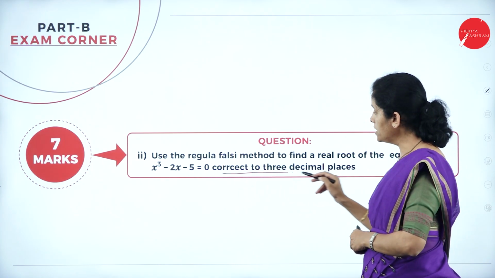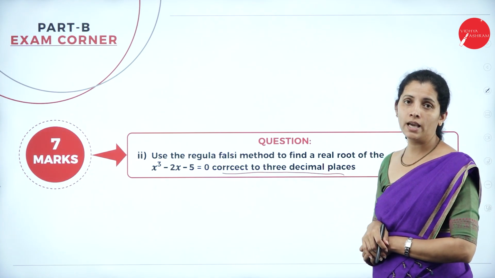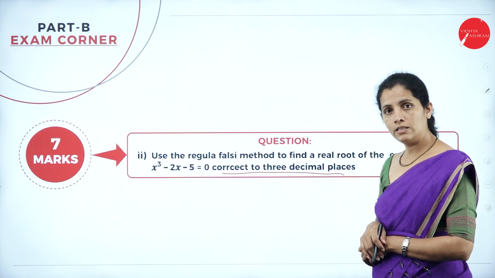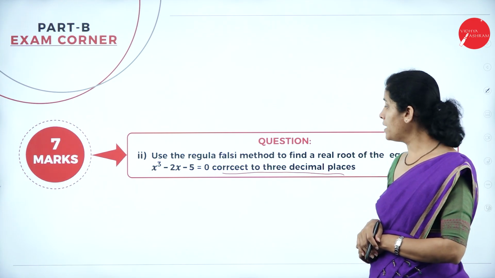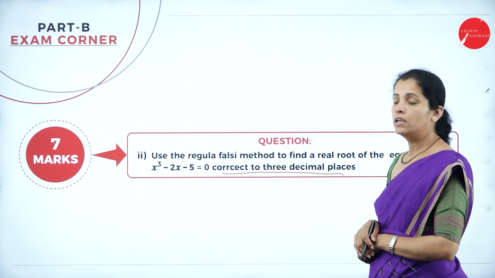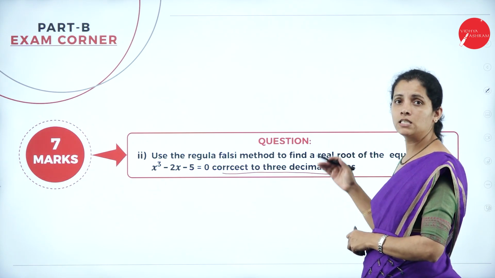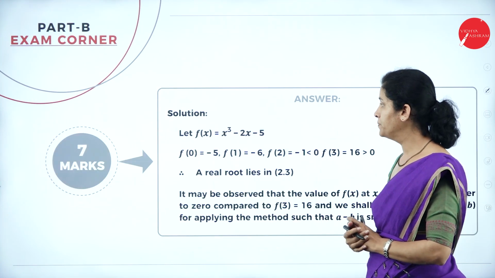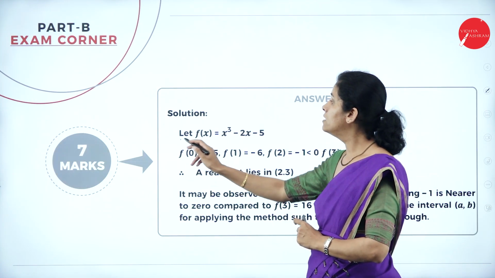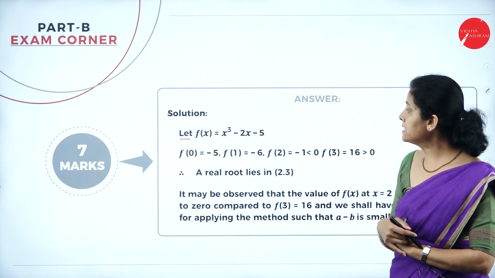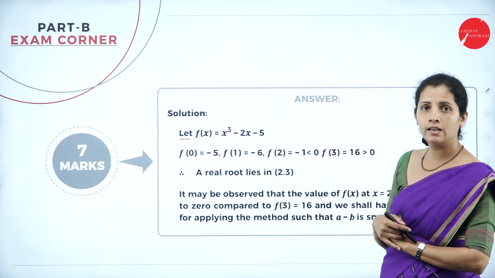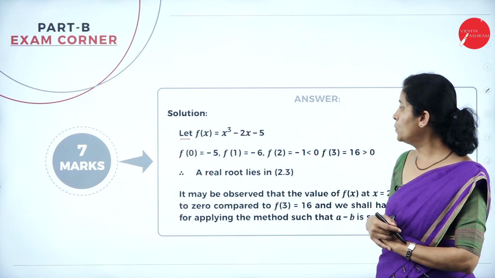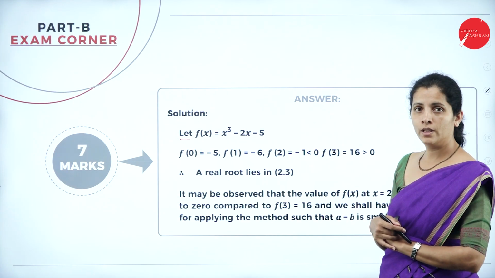In the question, they mentioned when to stop the iteration. If I am having the same values in 3 decimal places in both iterations, then I can stop the iteration. Here, what is f of x? That is the function x³ − 2x − 5.